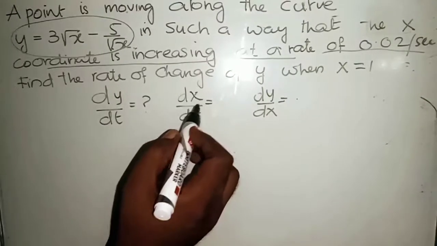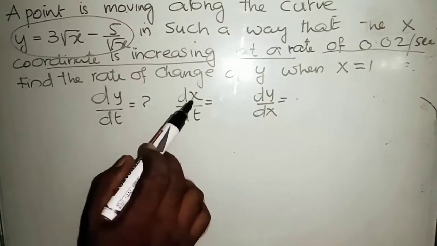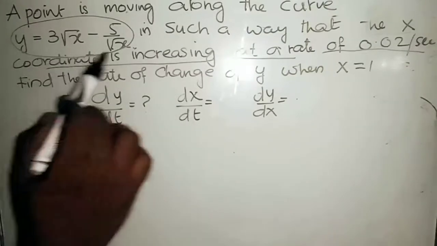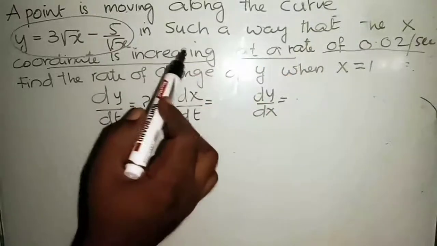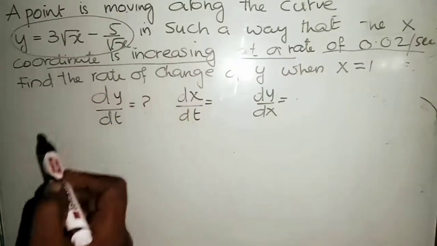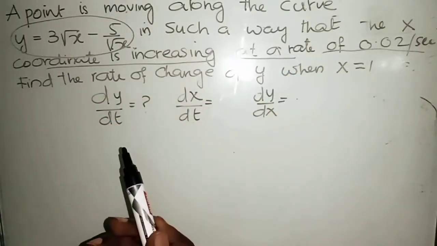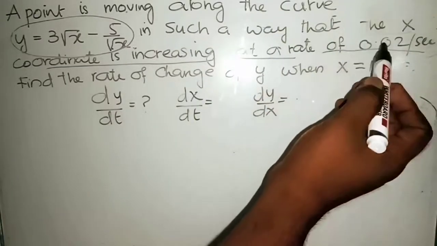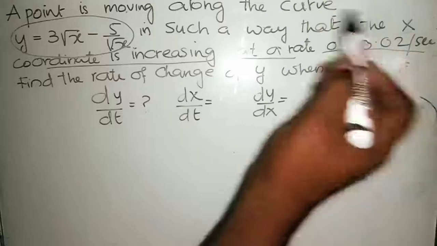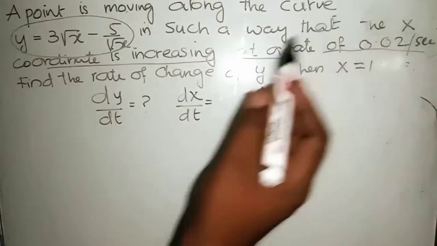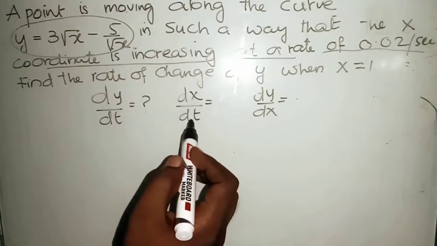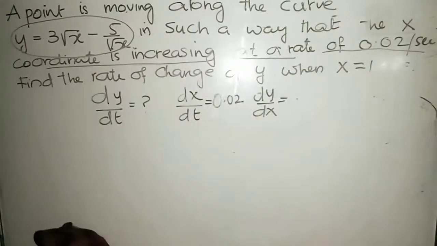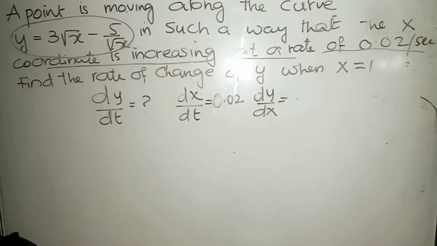So what is dx by dt? dx by dt is the rate of change of x with respect to time. The x coordinate is increasing at a rate of 0.02 per second. That change is based on seconds. So it is the rate of change of x with respect to time, that is 0.02. dy by dx we need to calculate.